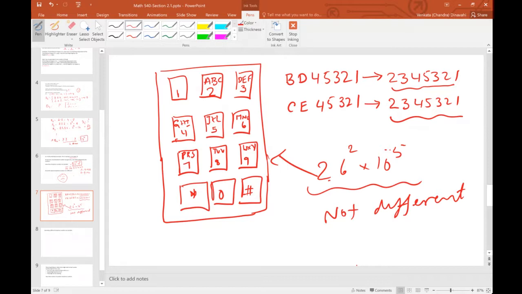The way you need to see it is that B, C, it doesn't really matter. D, E, F, they should all be counted as just one letter, because you are pressing the same thing. Similarly, T, U, V, all these are considered as just one letter.